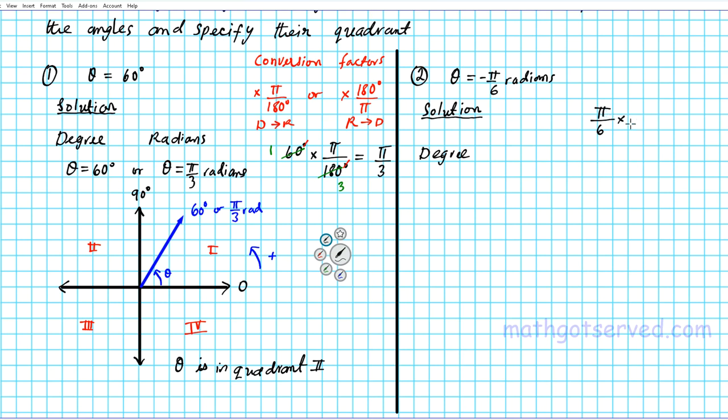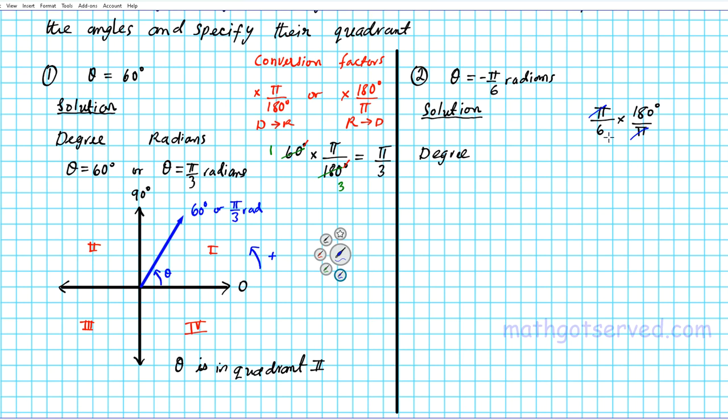So we're going to multiply by the second one. Why is that? Because if we multiply by 180 degrees over pi, you will notice that the pi's are going to cancel out nicely. Take out that radian angular measure, and you're left with 180 degrees over 6.